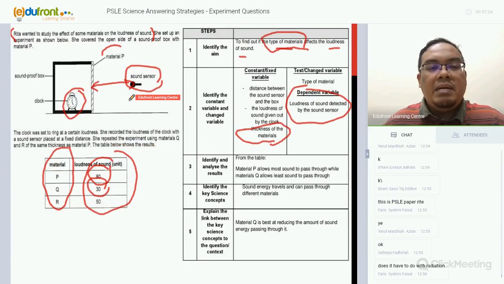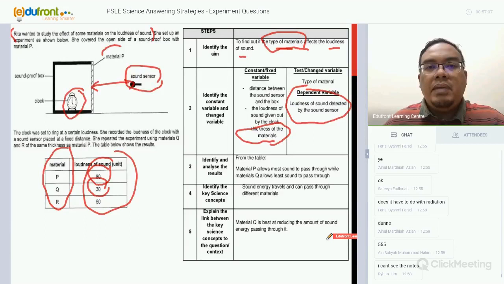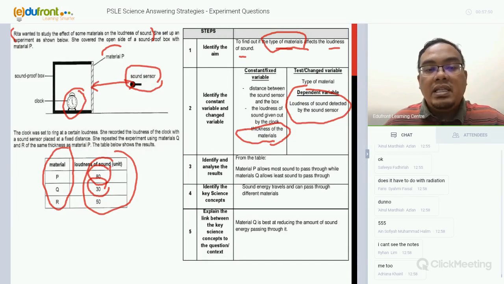Because the amount of sound detected is the least when you use material Q. So you can conclude that material Q is best at reducing the amount of sound energy passing through it. So let's say you have a bedroom and you want to install curtains, and you do not want to be disturbed by, say, the vehicles outside the house. So you may want to use curtains made of material Q instead of material P, right?